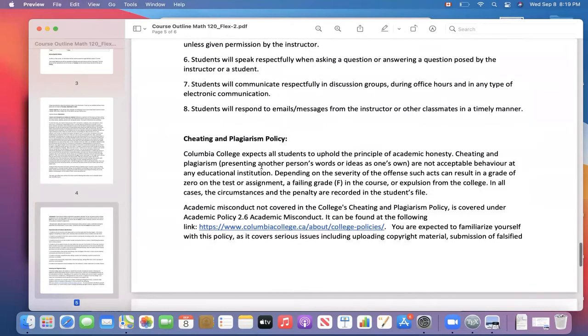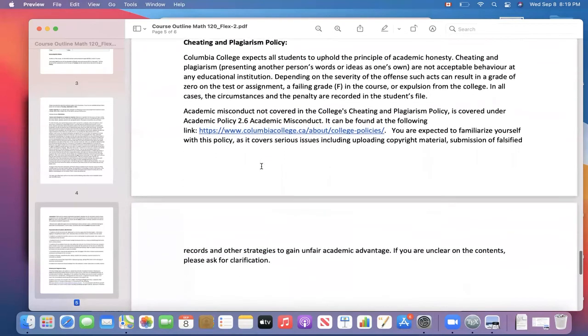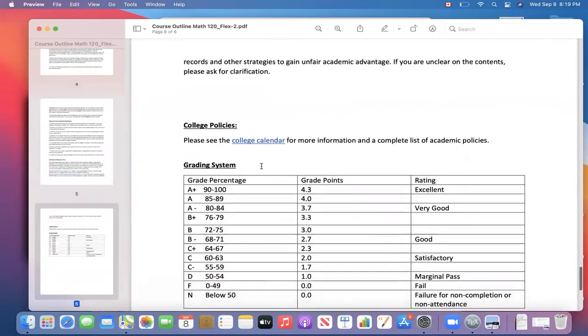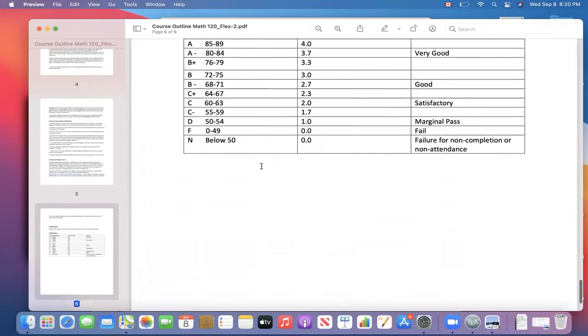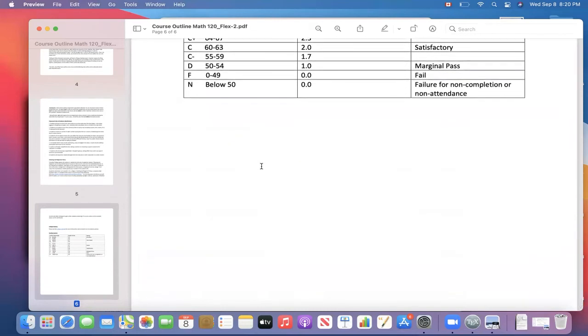I'm sure you're familiar with them, but please go over them again. And the grading system is also the same as other UT courses, and I'm sure you're familiar with it. Please let me know if you have any questions about the course outline, the test, or test formats.